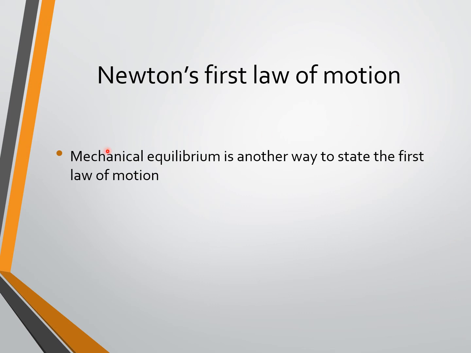So with mechanical equilibrium, it's just a really important state of motion. And so this here is a representation of how we can write out Newton's first law of motion.